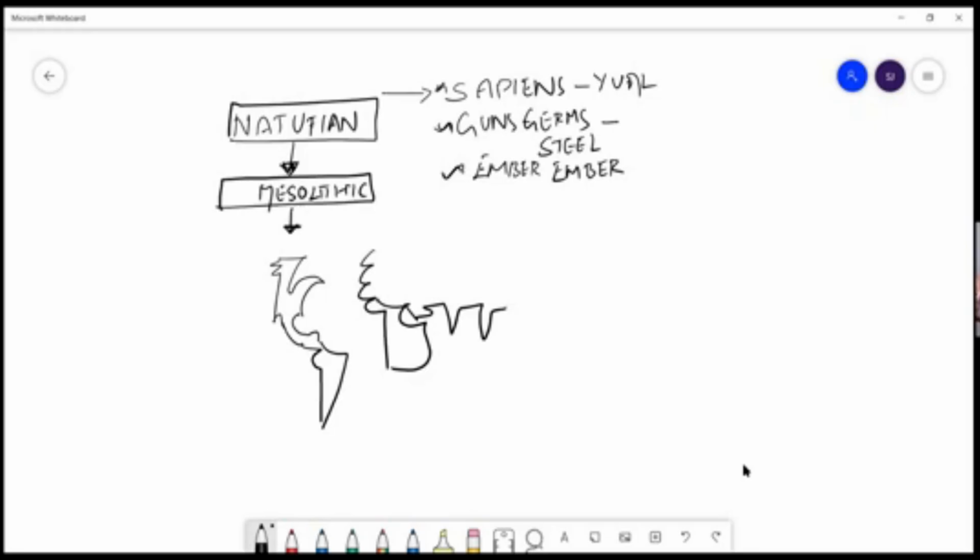So what Natufian means is basically, if you see, in this zone, which is the most controversial, for example, if you ask me today, it is not West Asia, that is the Islamic countries which are there.